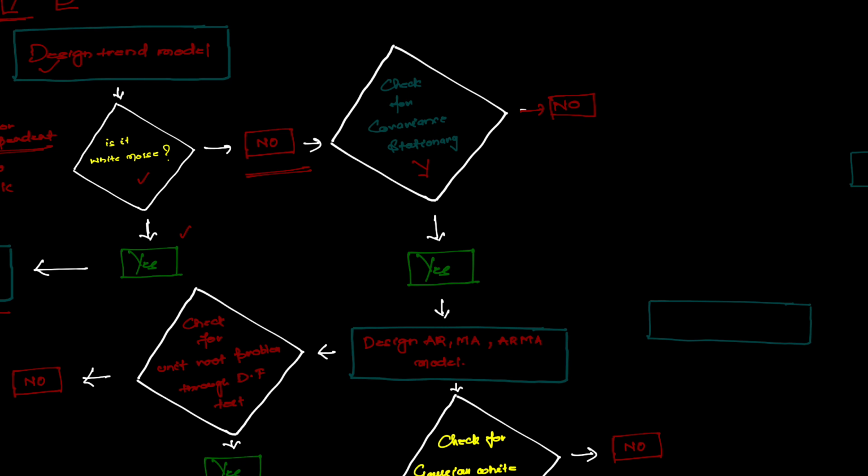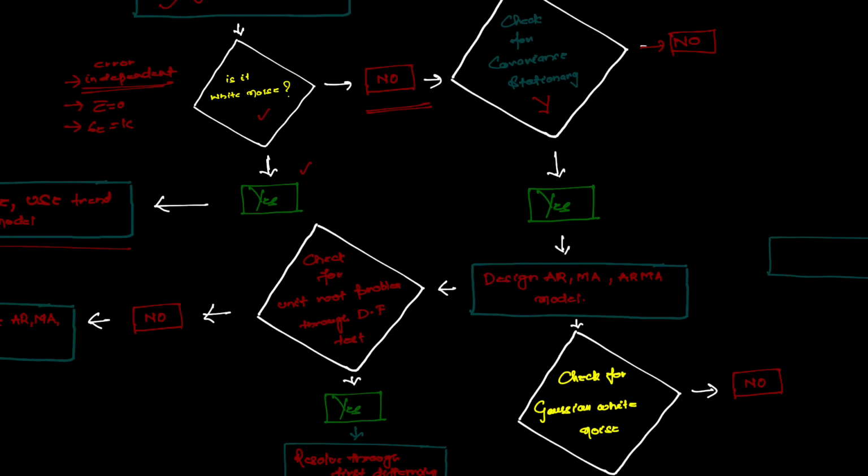You cannot use any model. Simply, if it is not covariance stationary, that is the final result after all the testing, you cannot use the model. But okay, if it is covariance stationary, you can use AR model, MA model, and ARMA model. Autoregressive model, moving average model, and ARMA model.